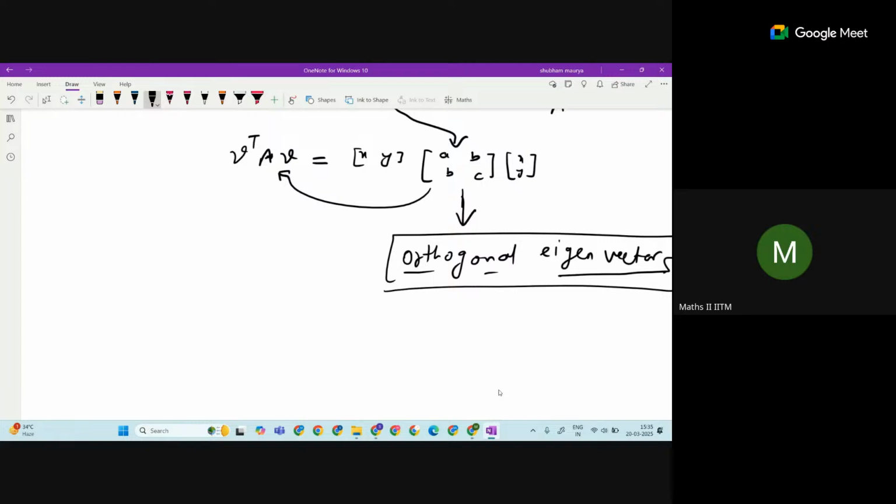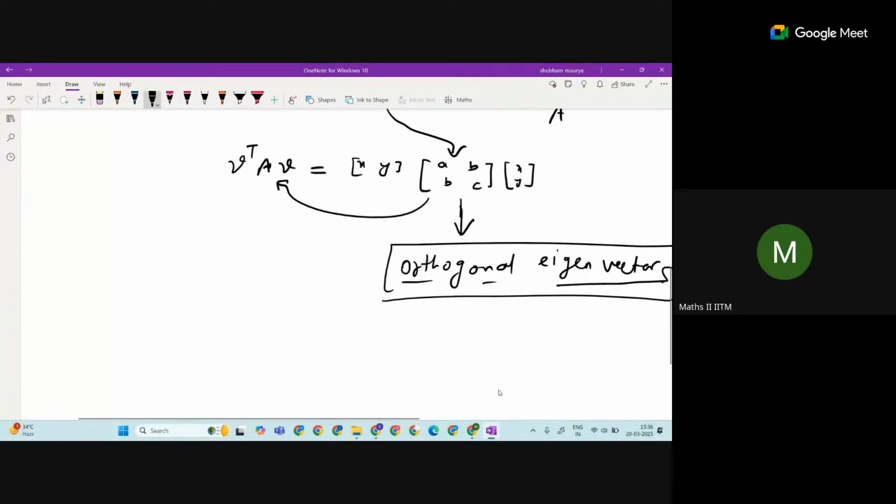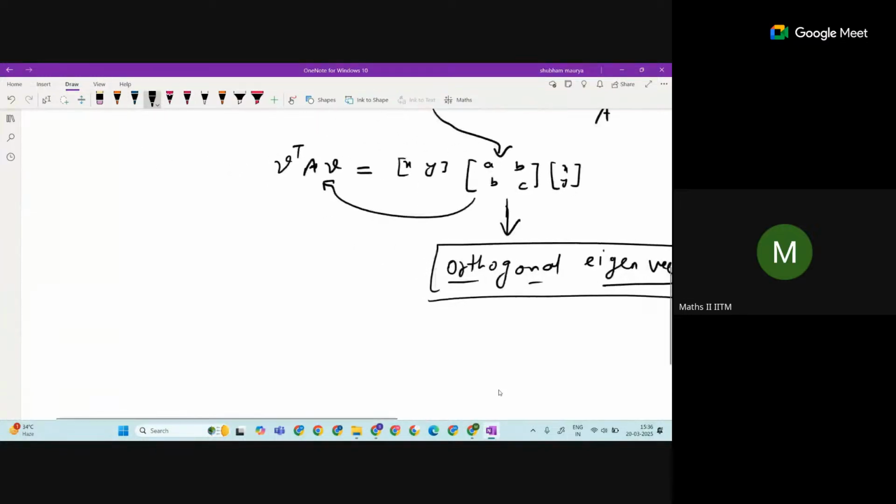One question was a bit lengthy, not hard. Numerically, you have to do more calculation: you have to find the eigenvalues and eigenvectors for a 3 cross 3 matrix. It is not a tough problem, just a bit lengthy, but very few people were able to get that.